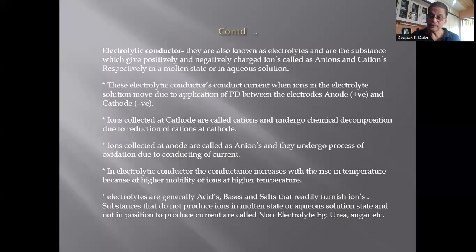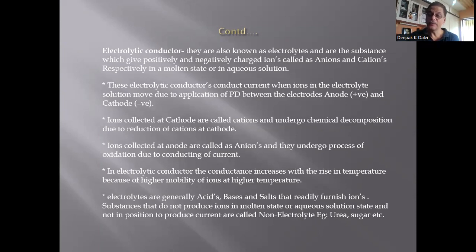Since positively charged ions move towards the cathode, there is reduction, and when negatively charged ions move towards the anode, there is oxidation, which is explained later also. Both the charged ions turn into neutralized particles at the anode and cathode.